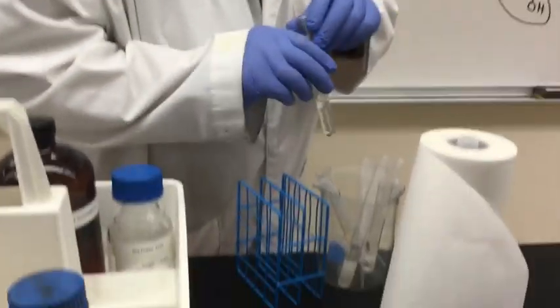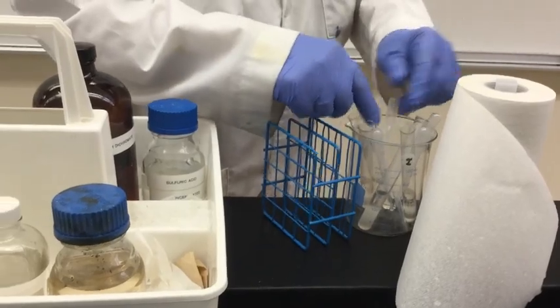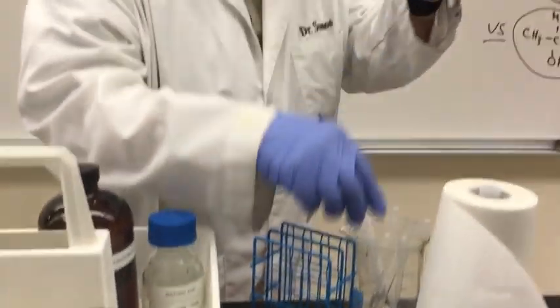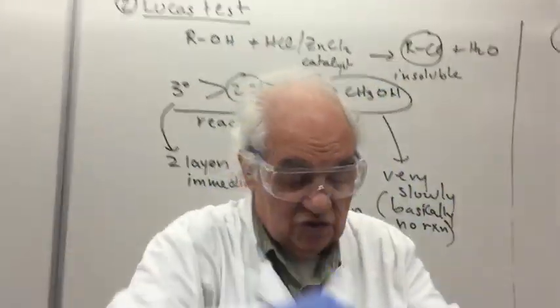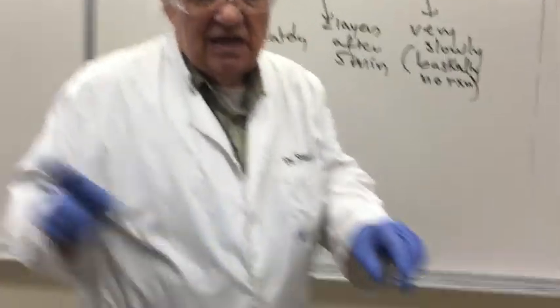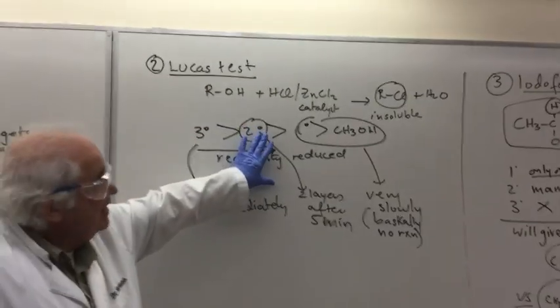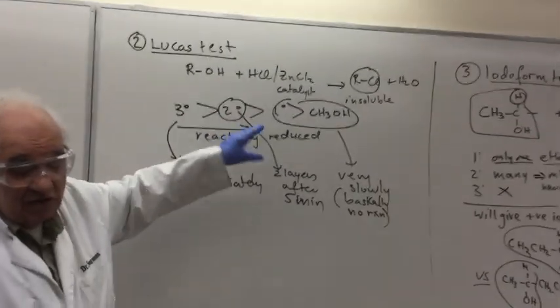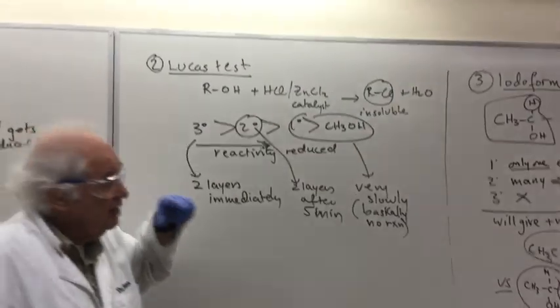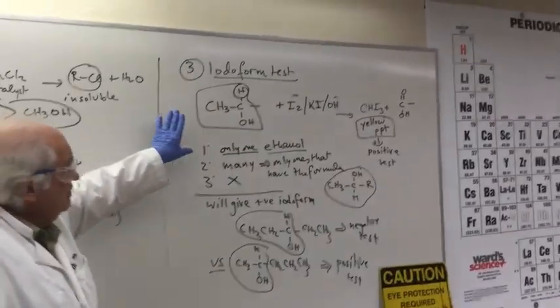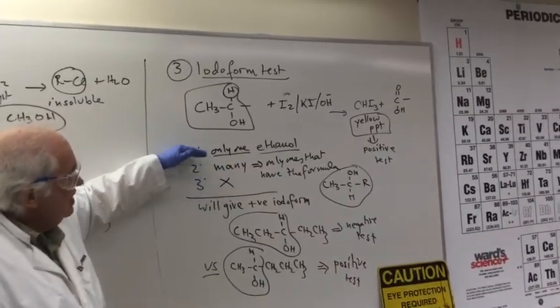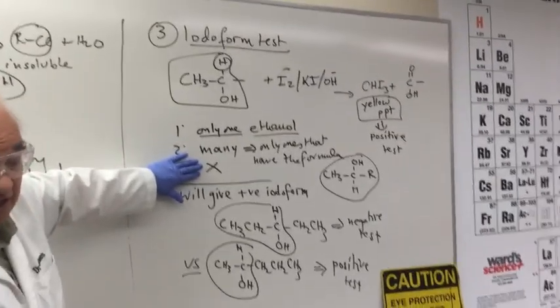Here's the secondary one, and here's the known. Basically, they gave you these two layers after a little bit of heating or 5 minutes. And so therefore, most likely our unknown happens to be a secondary one. And then we did the iodoform test, and in the iodoform test we showed that definitely it was not tertiary, and we proved it.